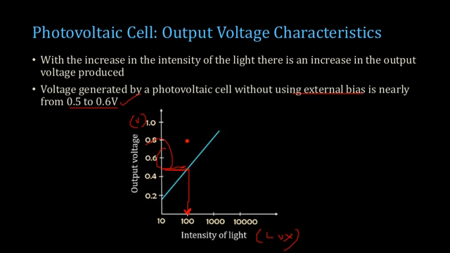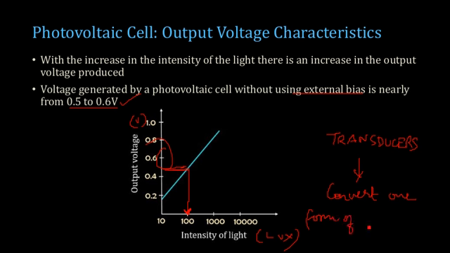Again, this photovoltaic cell as well as the photoconductive cell, both are classified under transducers. Transducers are devices which convert one form of energy to another.